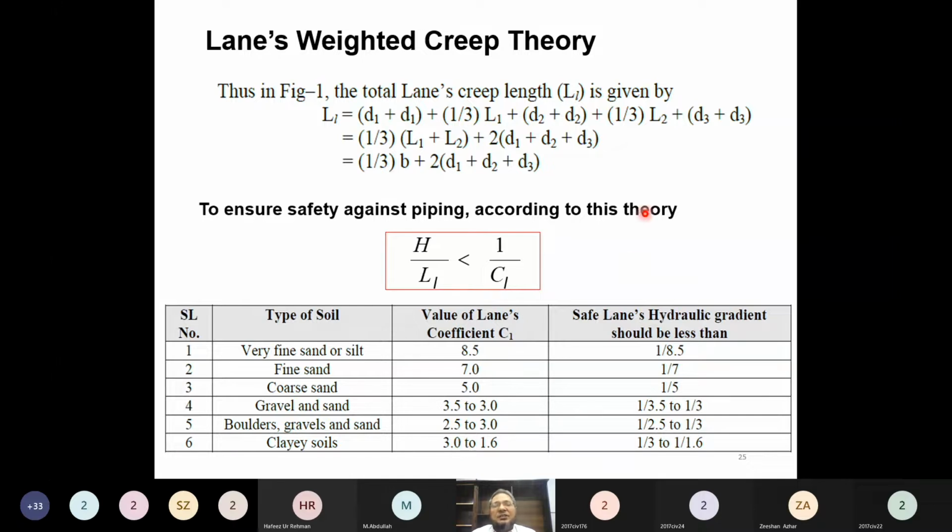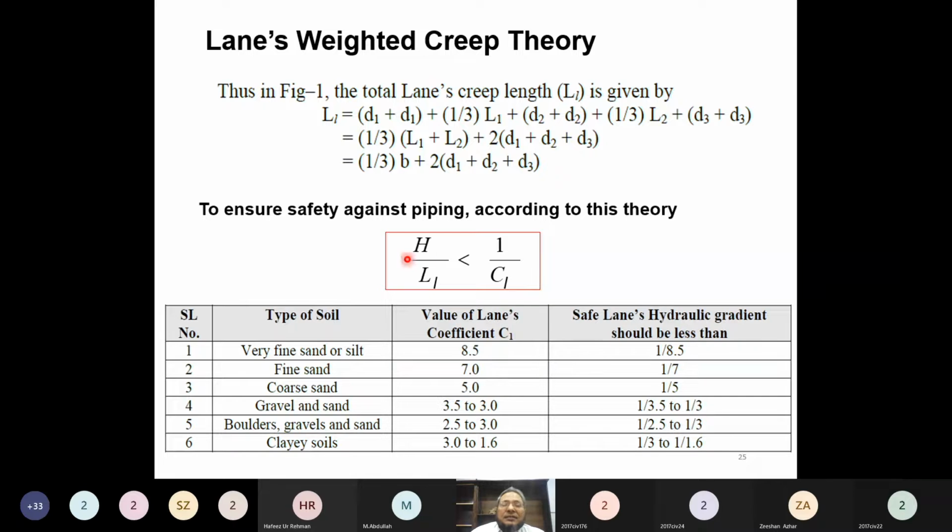The criteria is very similar to that given by Bligh: the hydraulic gradient in the actual structure should be less than the safe hydraulic gradient prescribed by Lane. So these subscripts L represent Lane. Lane has given different values for his coefficient C_L. All right.